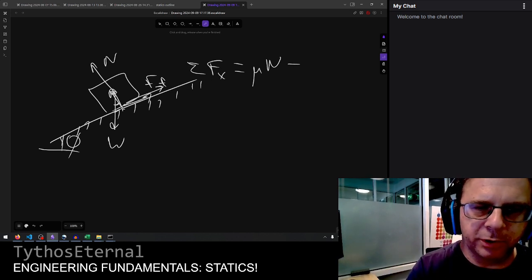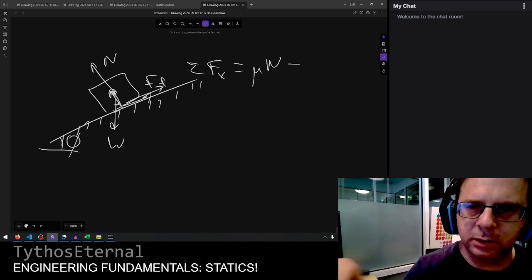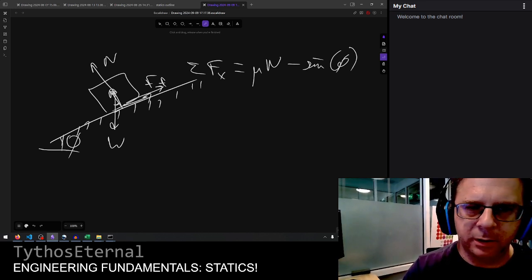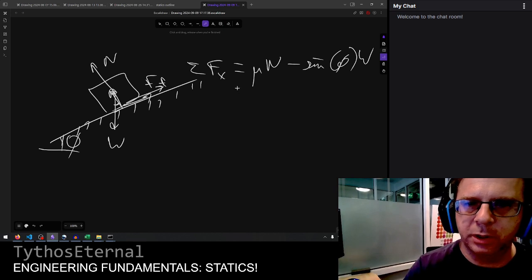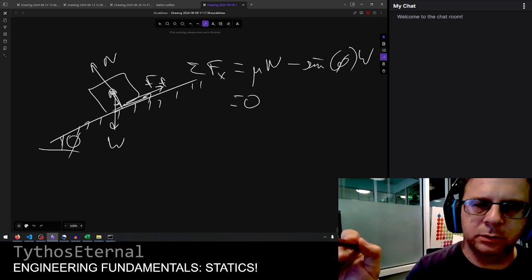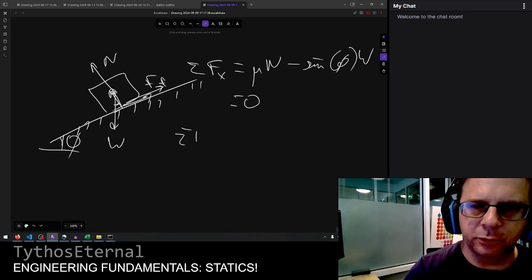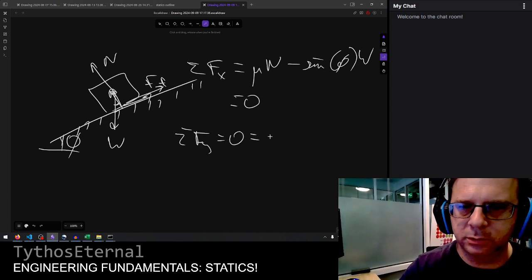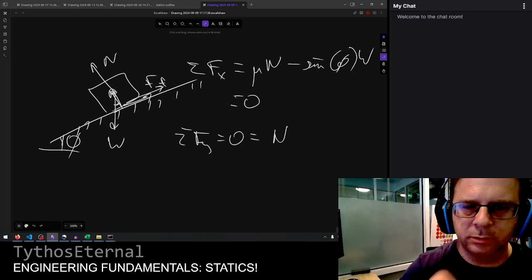So the x component of the weight vector here is sine phi, just kidding, sine phi times the weight, right? That sums to zero, and then the forces in the y component, also zero, are the normal, positive, minus cosine.